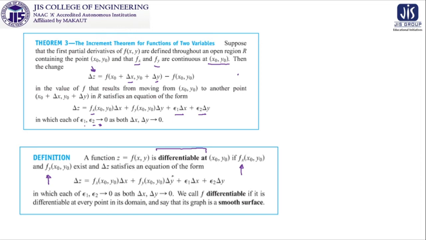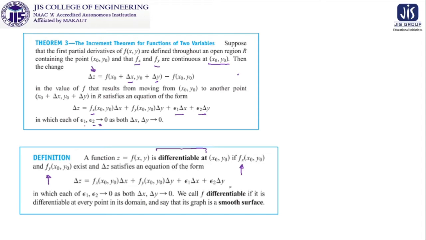Obviously here also epsilon 1 and epsilon 2 tend to 0 as both del x and del y tend to 0. We will call the function f differentiable if it is differentiable at every point in the domain, and say that its graph is a smooth surface. That means the surface generated by the pictorial representation of it will be a smooth one.